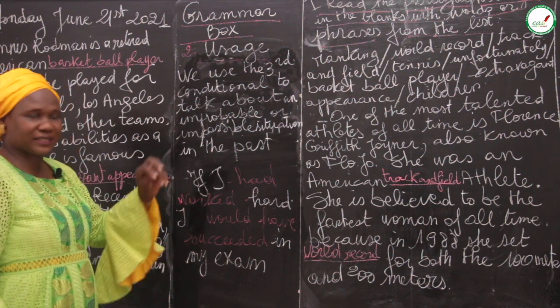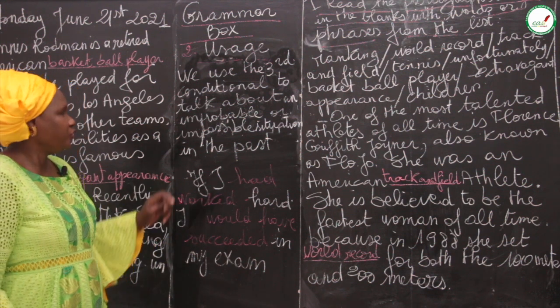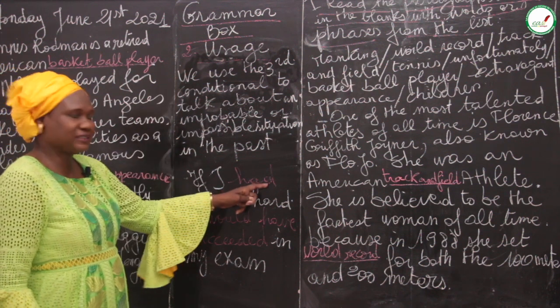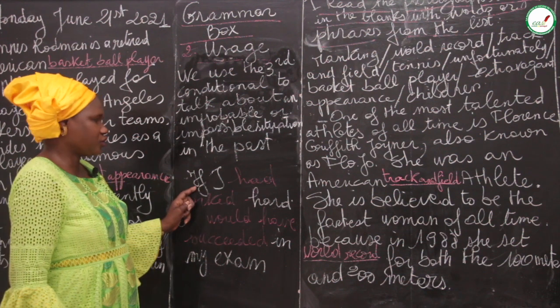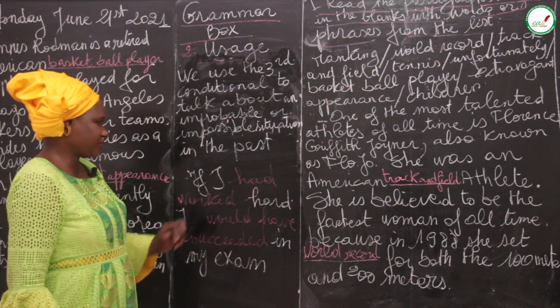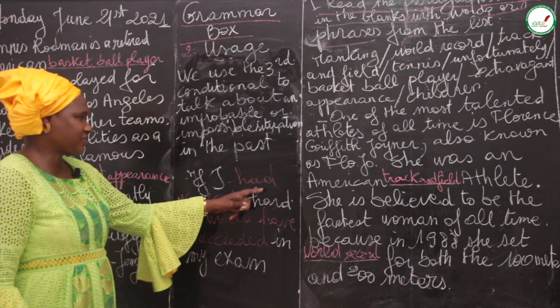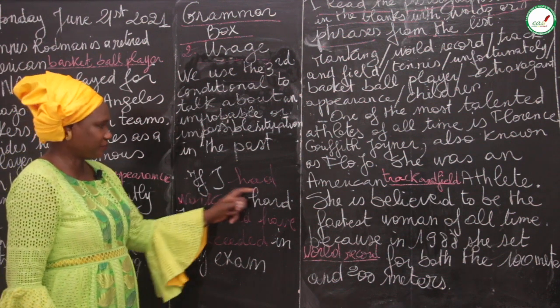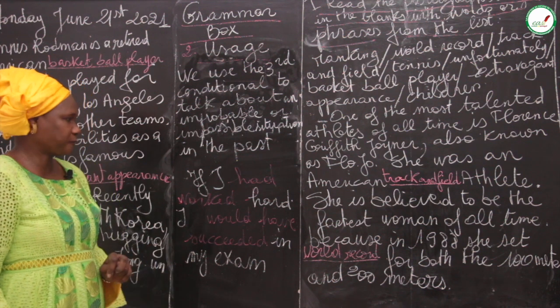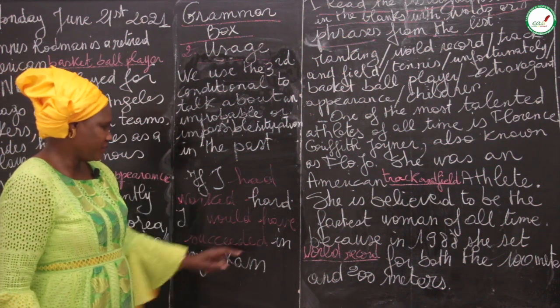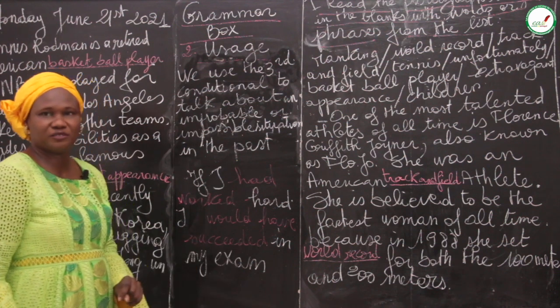Now let's look at the formation. We've said that to form the third conditional, we have, in the if clause, had plus past participle. It is the past perfect. Had plus past participle. And in the main clause, we have would have plus the past participle of the verb.